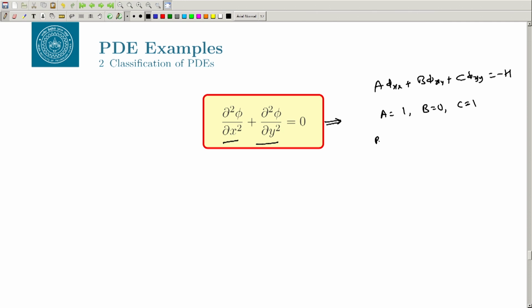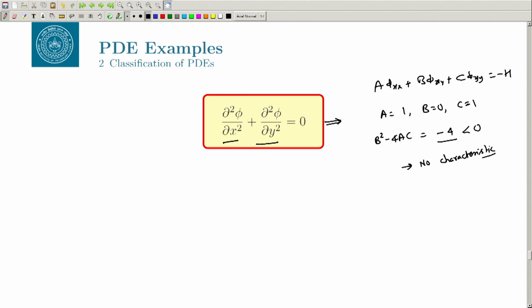So, your B square minus 4AC is equal to minus 4. So, this is less than 0. So, no characteristic, right. That means the derivatives are defined everywhere in the domain, and you will get only the smooth solution.